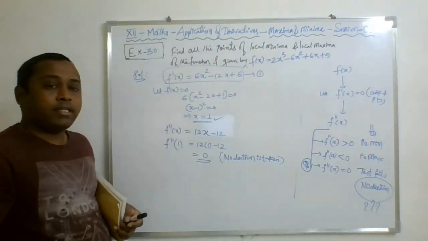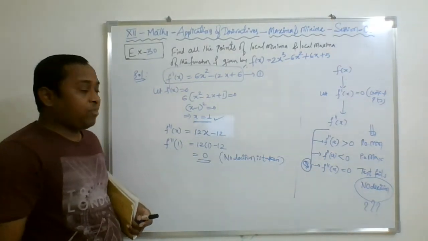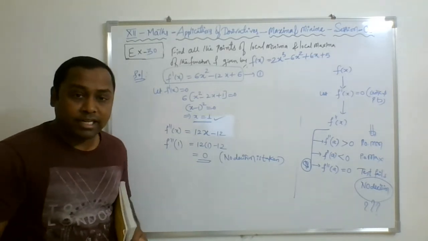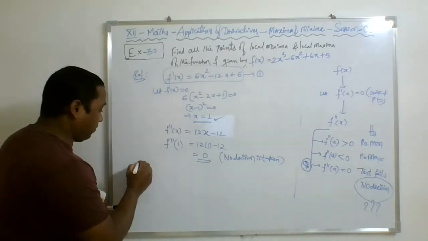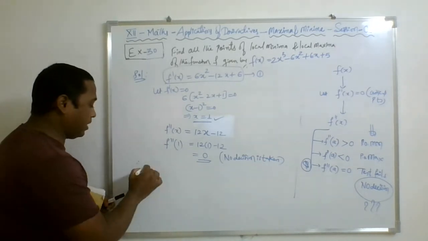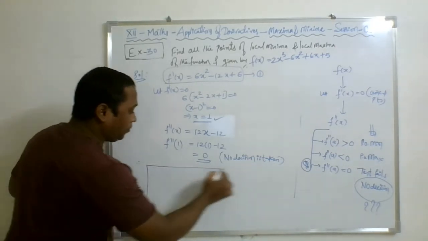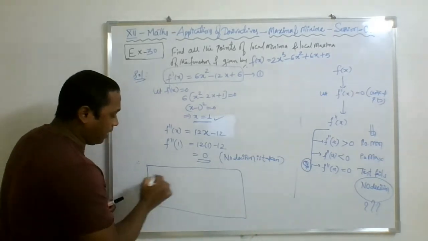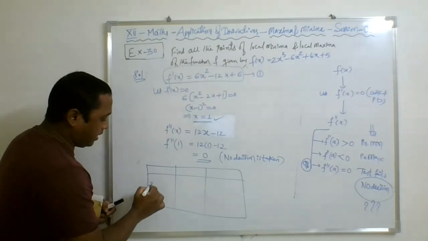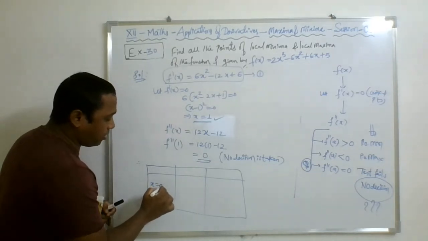Because the test fails. Hence, we need to move to the first order derivative test. Therefore, now we need to use the first order derivative test. For that, we have to take the same way which we have done. At x is equal to 1, we are talking about.